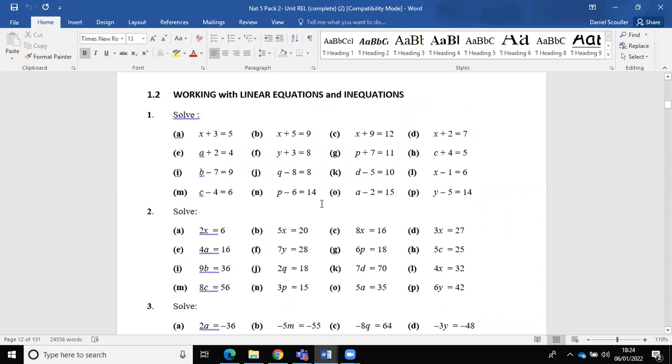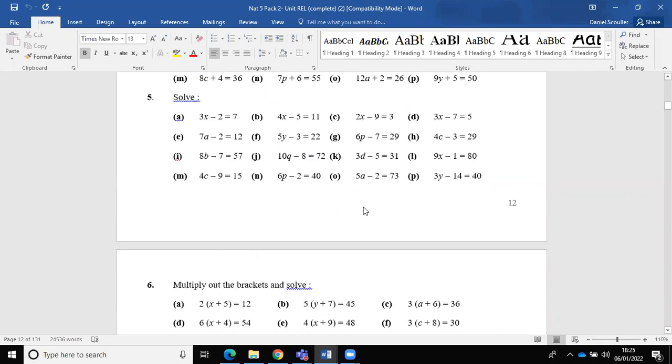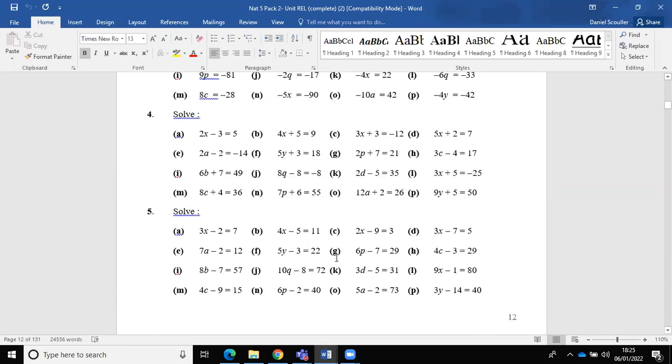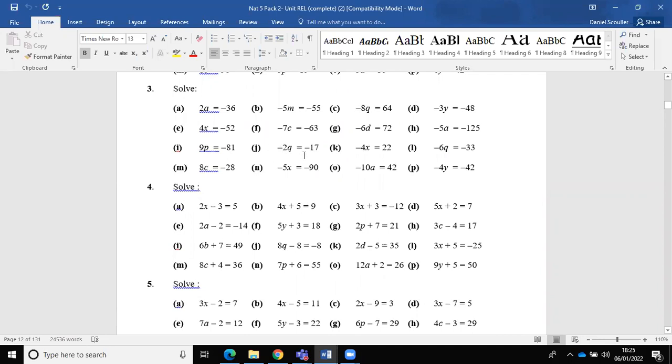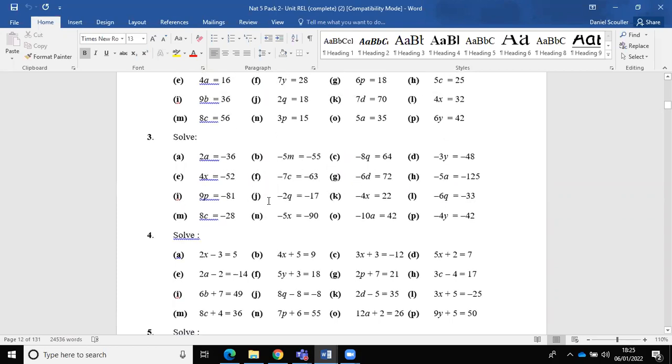From page 12, there are lots of wee ones to practice. If you're not too sure about negatives, or about how to solve it and move that negative across, have a wee look at those questions. Have a wee practice at them. Remember the answers are at the back. If you're not getting one of the answers, or you've got any questions, give me a wee shout and we can look at it, that's not a problem.